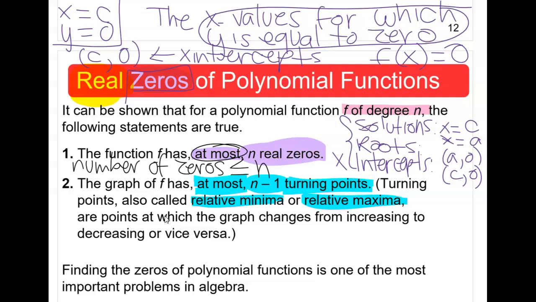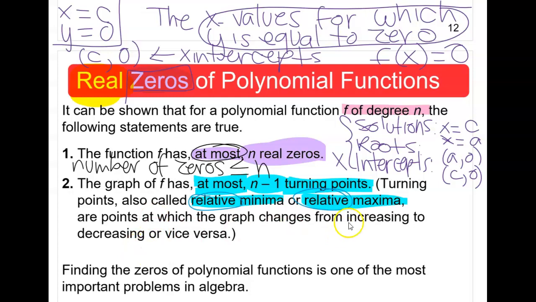That one does have the absolute minimum or absolute maximum because it only has one turning point. But with the rest of polynomials, we use the word relative because it is relative to what piece of the graph we're analyzing. And we will see that with the examples.